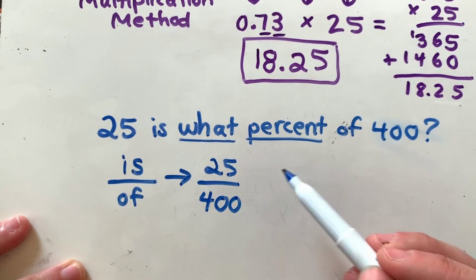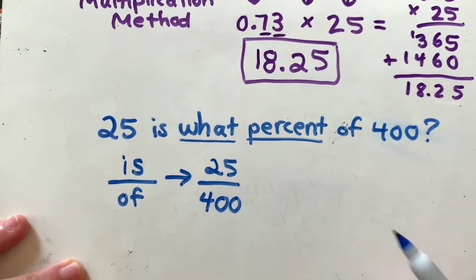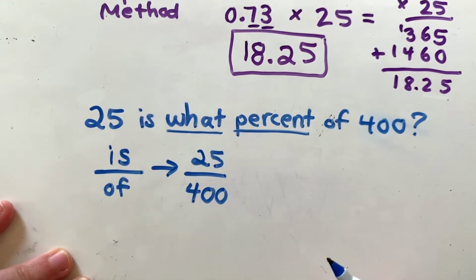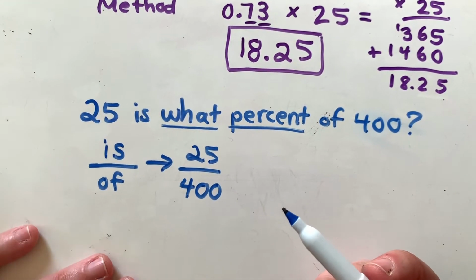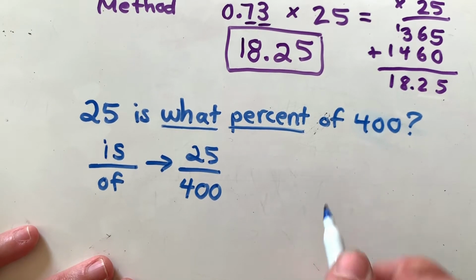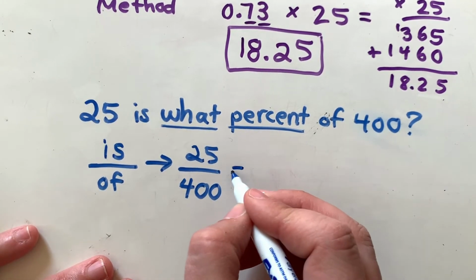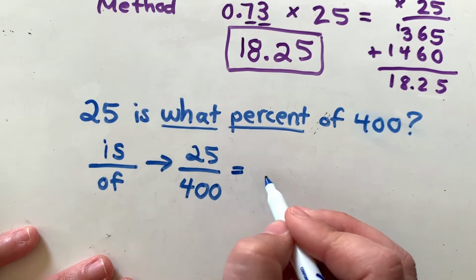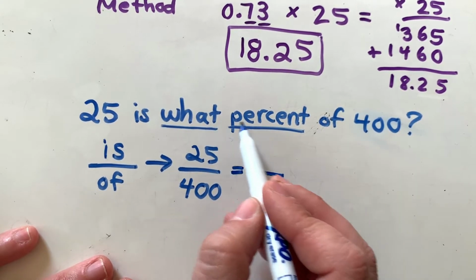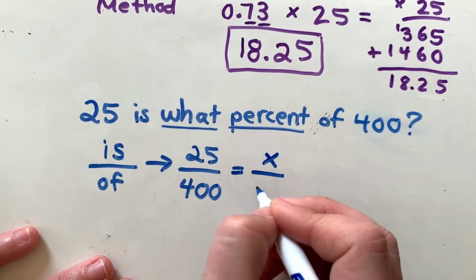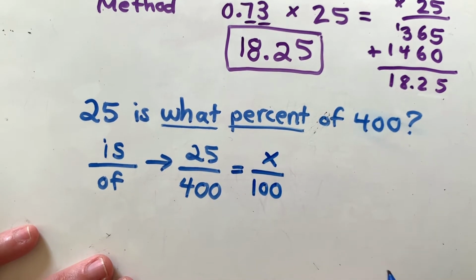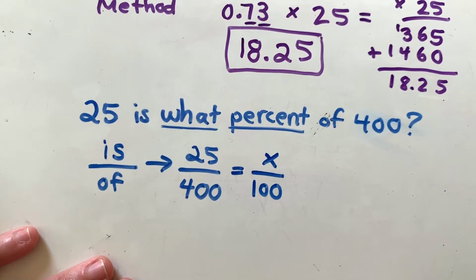So we want to know 25 out of 400, like if 25 out of 400 people got food poisoning from Taco Bell, what percent would that be? We're going to set up a proportion, so we put the equal sign, and since we don't know the percent, I'm going to put it as x over 100, okay?